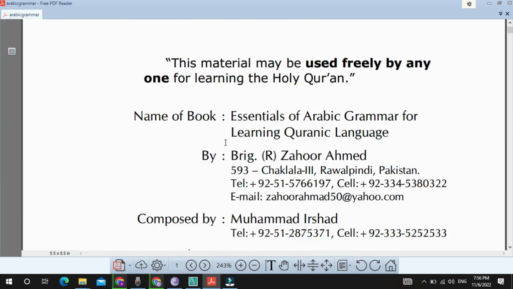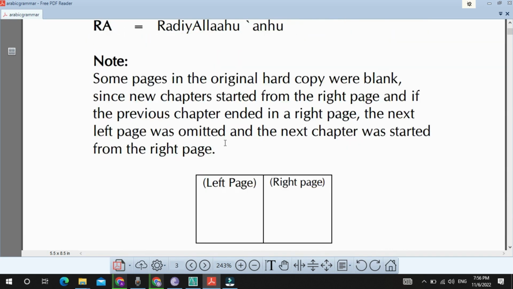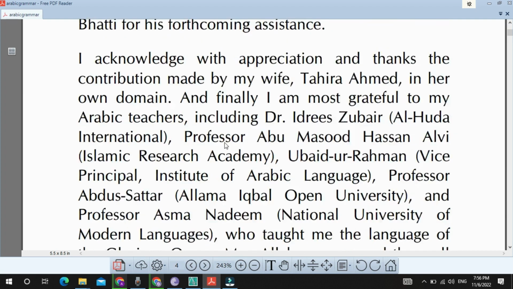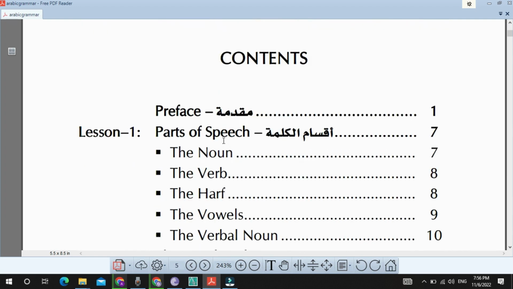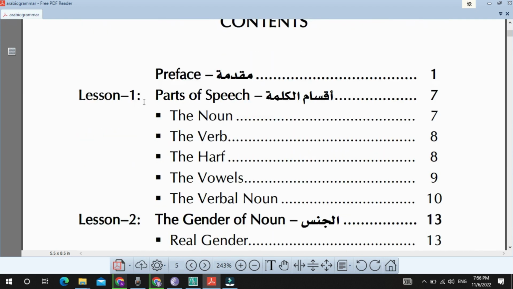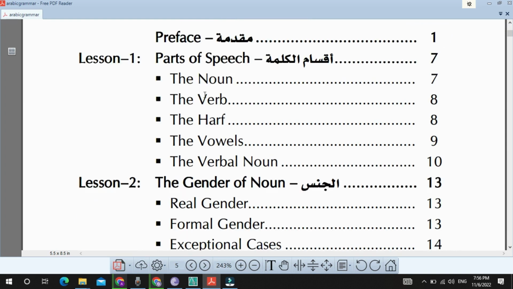You can see here the first lesson. This is the content table. The first lesson is parts of speech. In Arabic, you can see here the noun, the verb, the harf, the vowels, the verbal noun.